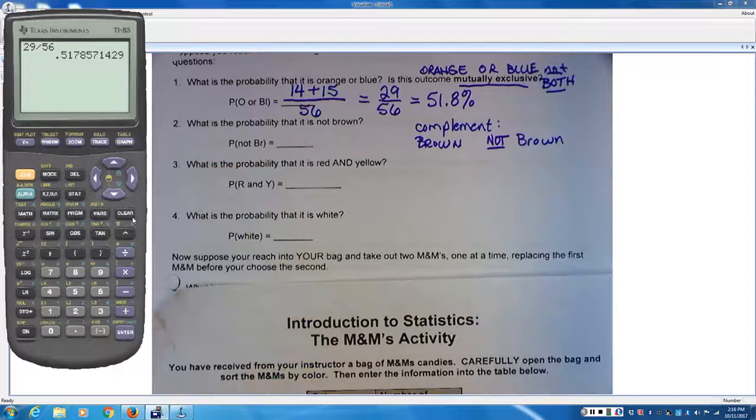Because an M&M, regardless of what actual color it is, is either brown or it's not brown. It's some other color. Now in this case, not brown encompasses the orange and the red and the blue and the yellow and the green. But the point was that it was not brown, okay?